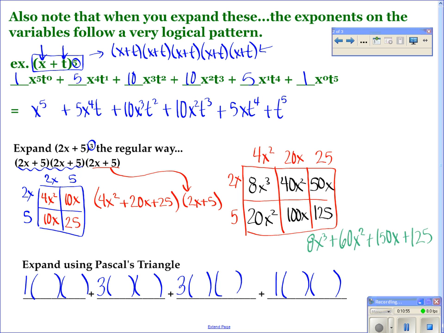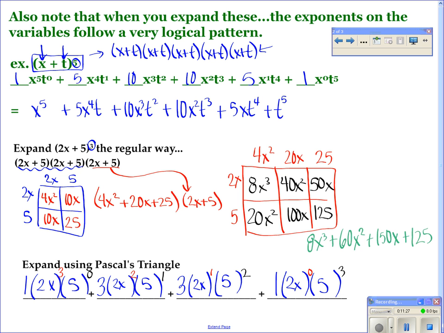So I'm going to write the 2x and the 5 in each of these. And then the exponents, is the 2x going to start at 3 or 0? So 3, 2, 1, 0. And then these ones start at 0, 1, 2, 3. And they always follow that pattern.